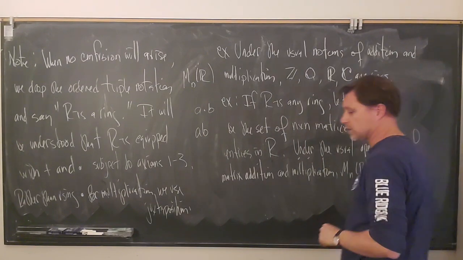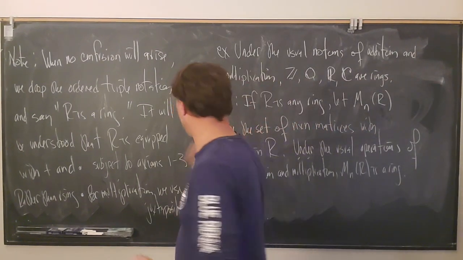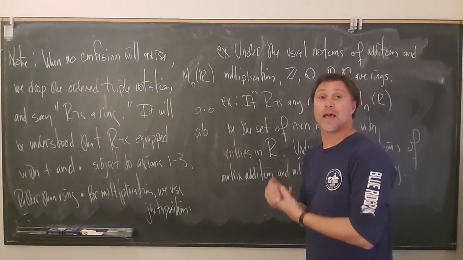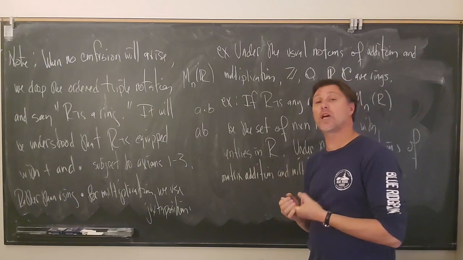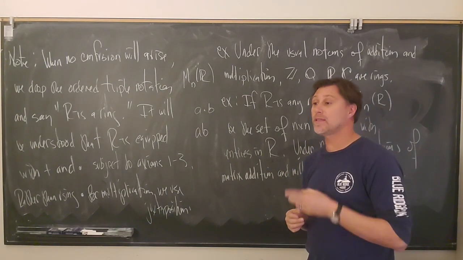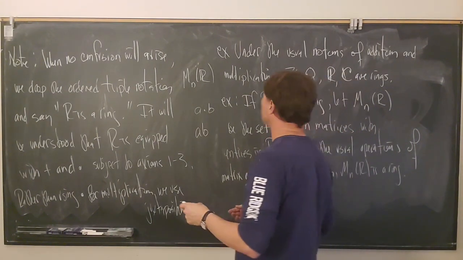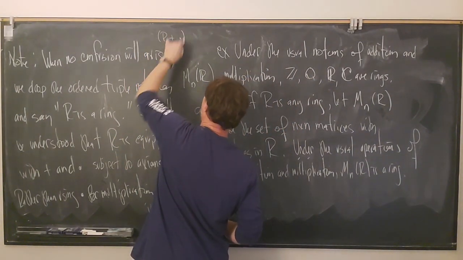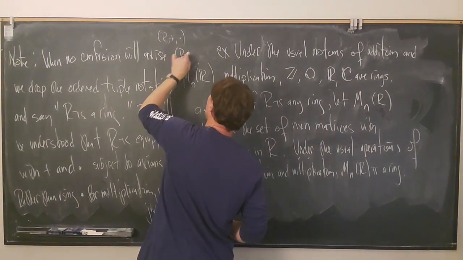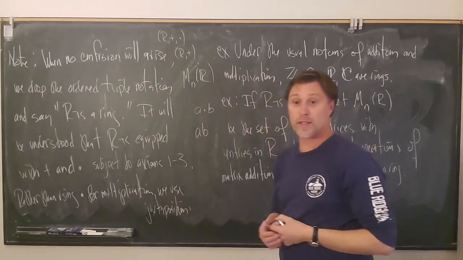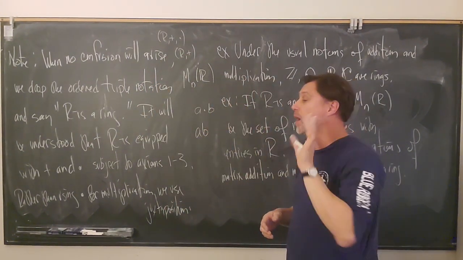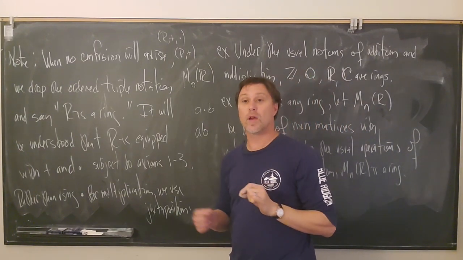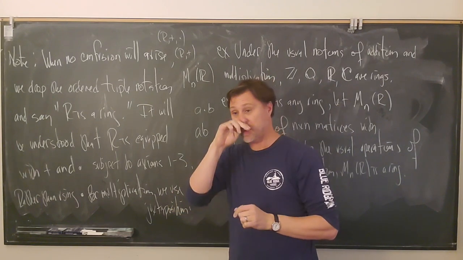You can go through and check this. And here's one thing to notice. Axiom 2 says that dot, multiplication, just needs to be associative. When we talk about a ring, R, plus, dot, we require R plus to be an abelian group, so addition is always going to be commutative. But all we said about dot is that it needs to be associative, so it may or may not be commutative.